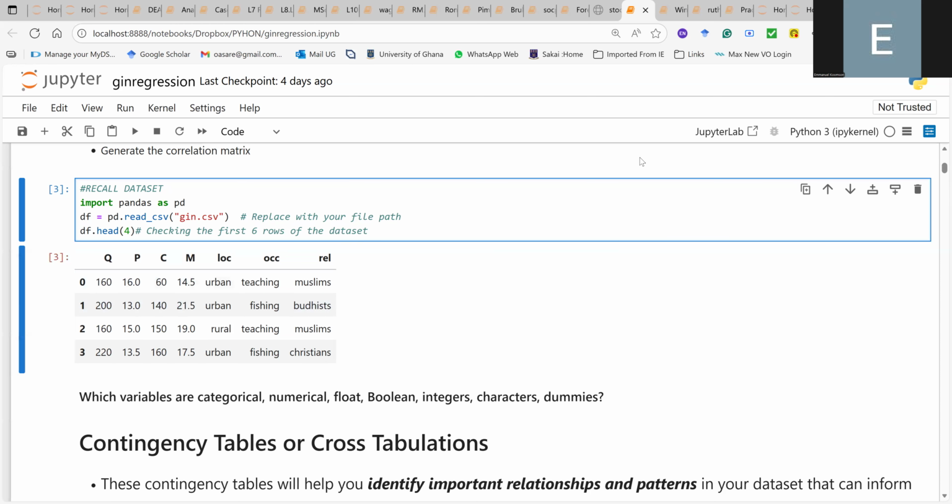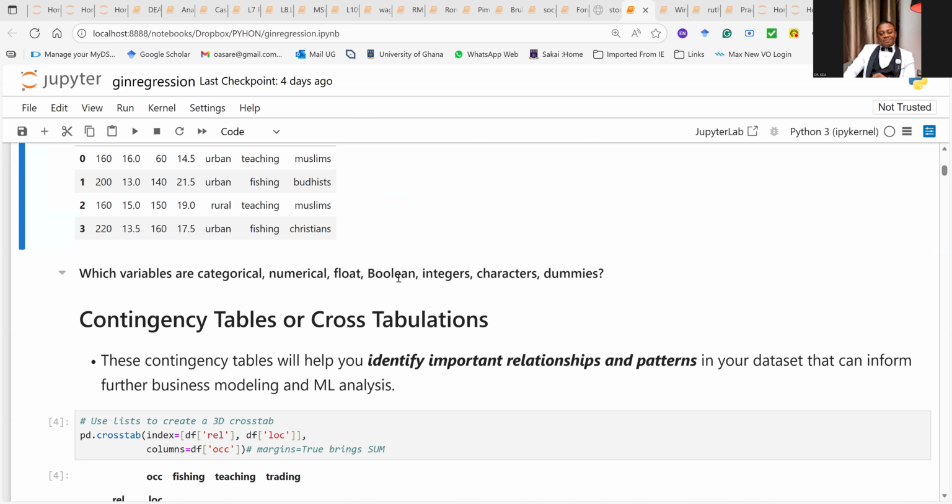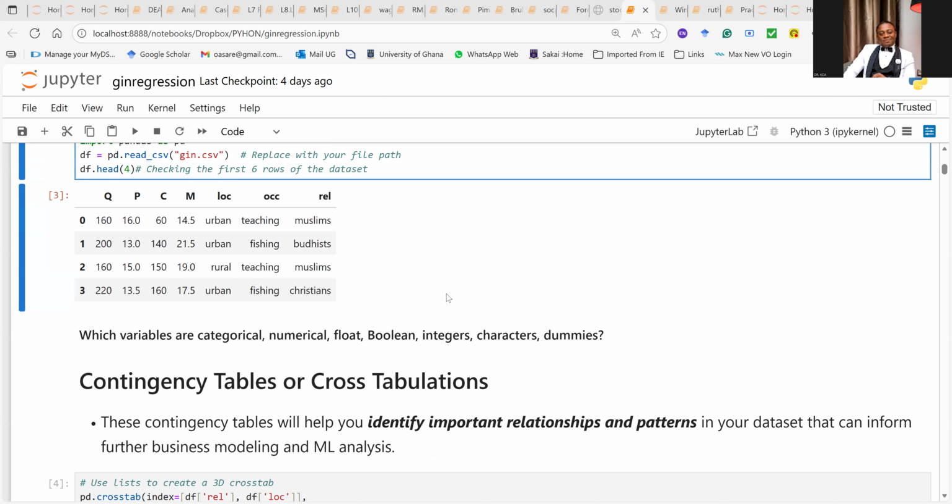Emmanuel is not ready. All right. There is no Boolean. Integers: we have 2 of them that are integers. Characters: we have 3 of them that are characters. Dummies: we have 3 of them that are dummies.